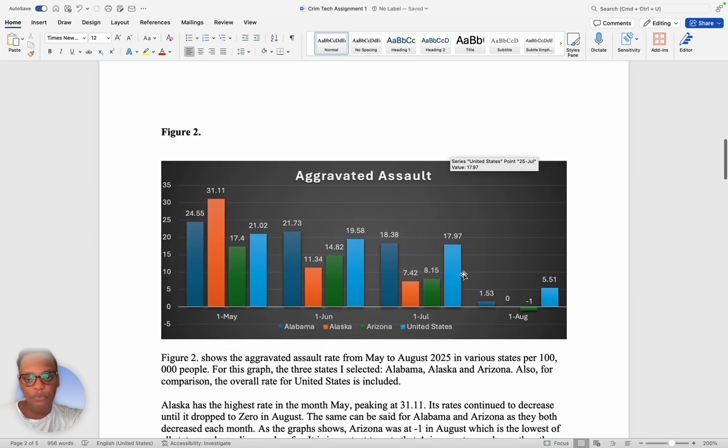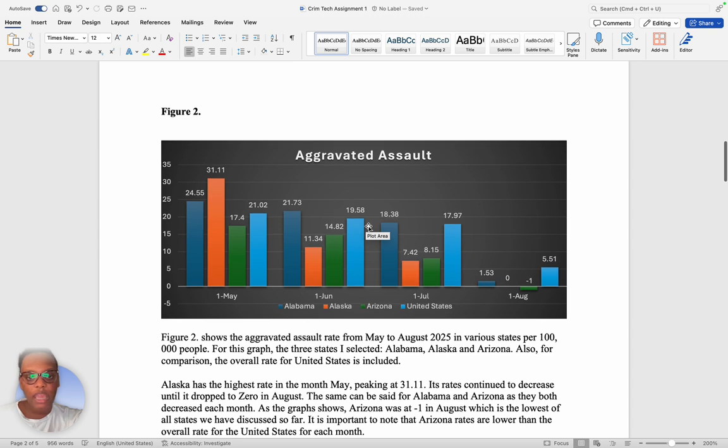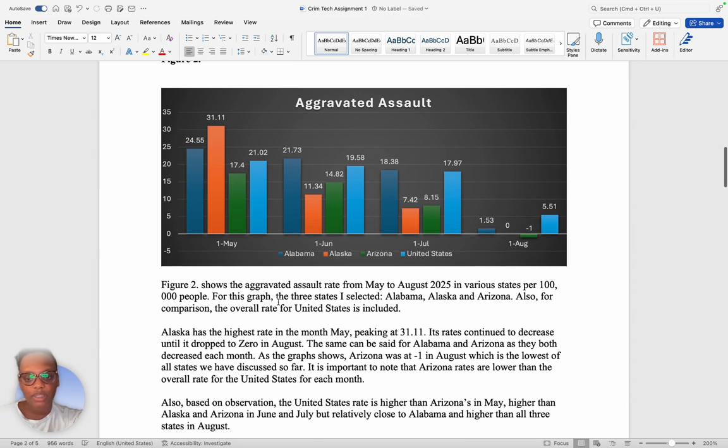Figure 2 is based on aggravated assaults. Figure 2 shows the aggravated assault rate from May to August 2025 from the beginning of the month in various states per 100,000 people. For this graph, the three states I selected are Alabama, Alaska, and Arizona. Also for comparison, the overall rate for the United States is included.